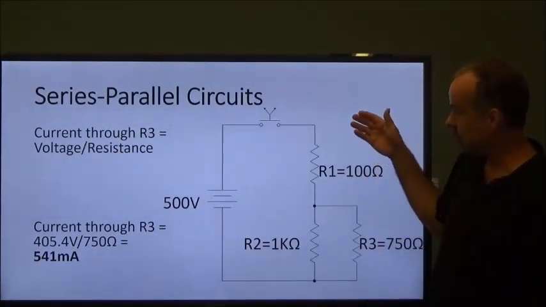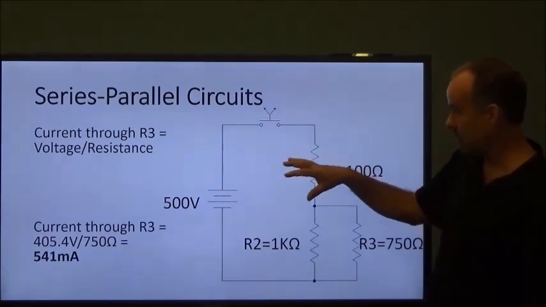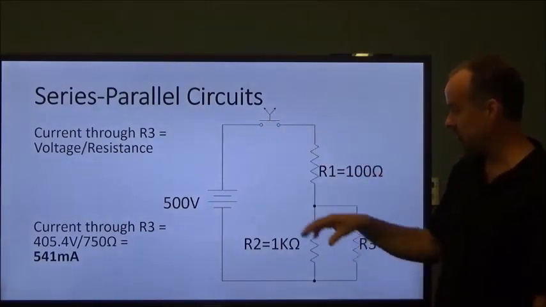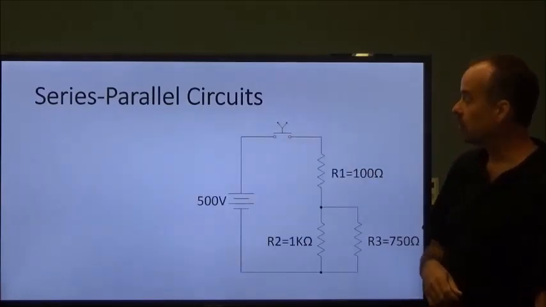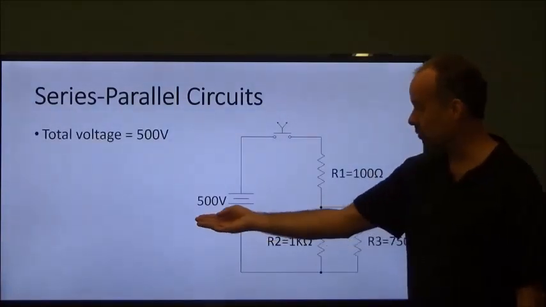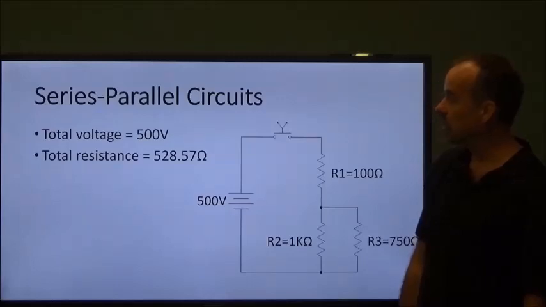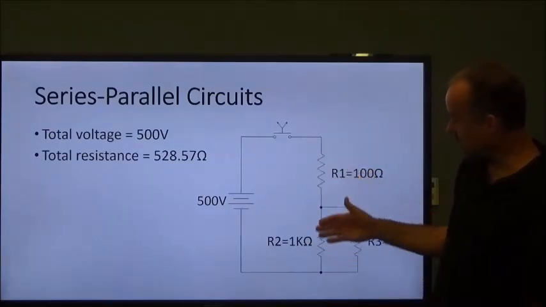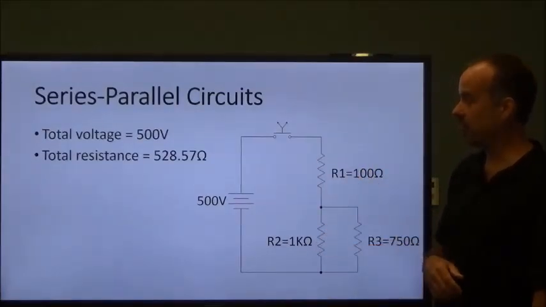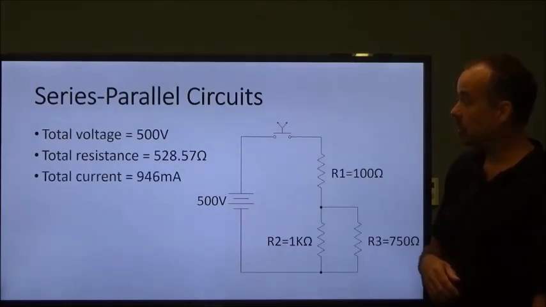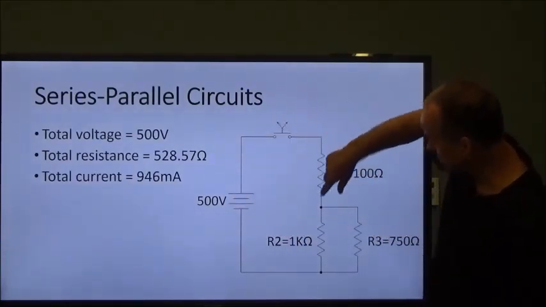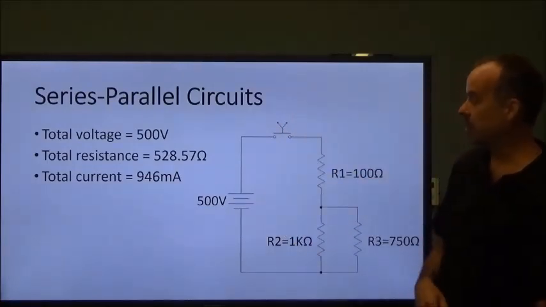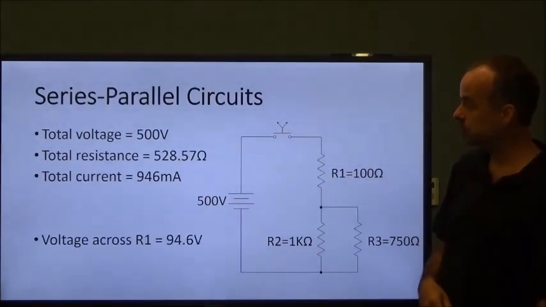So at this point, we've determined our voltage, current, and resistance everywhere in this circuit. Our total voltage we determined was 500 volts. Total resistance for this network is 528.57 ohms. The total current in the main branch from here to here is 946 milliamps.